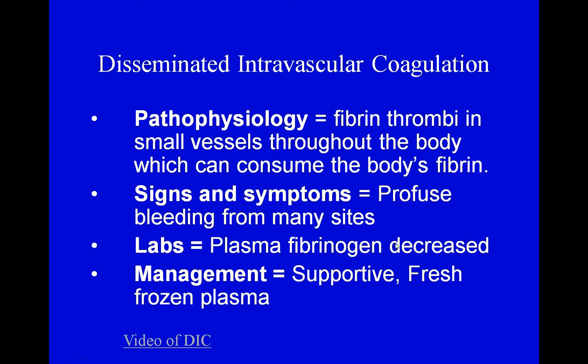And at the same time there's clotting occurring in the blood vessels, the person starts bleeding from many different sites. Every place there's been a puncture, if you've had a patient that was a trauma patient and they crashed on a motorcycle and they have a lot of road rash, they're going to start bleeding and oozing from every part.